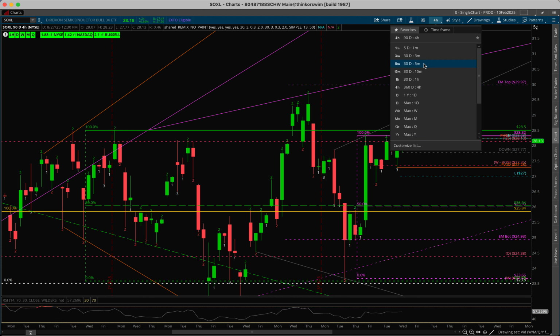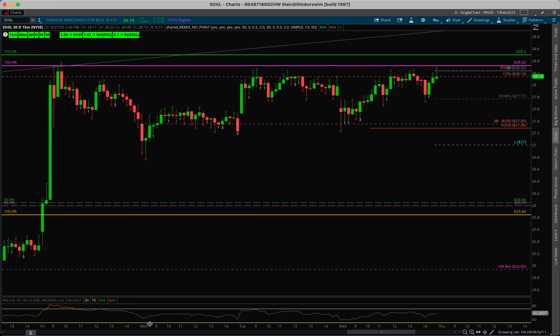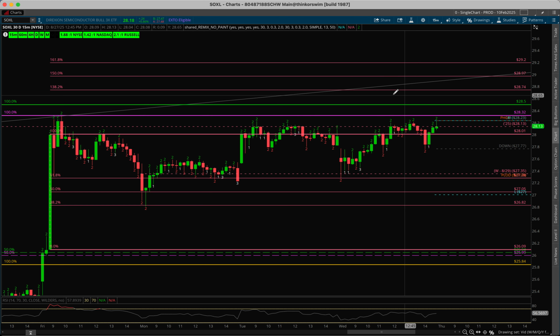If we go to the 15-minute and go to Friday, and we draw a Fibonacci from the candle where Powell spoke, we can see that we have a Fibonacci extension here of 28.74.